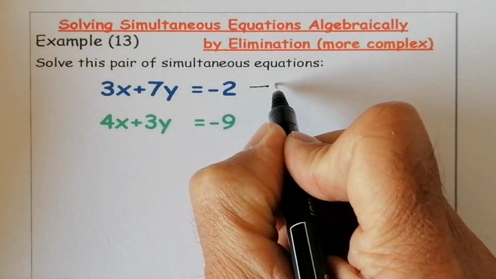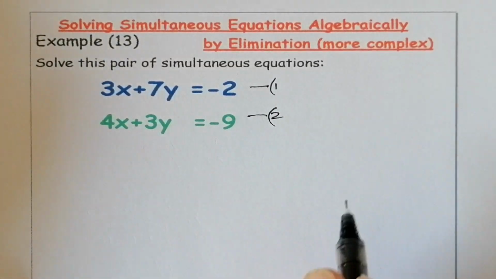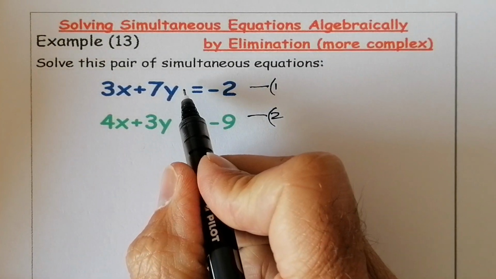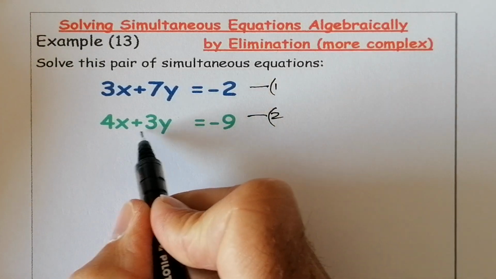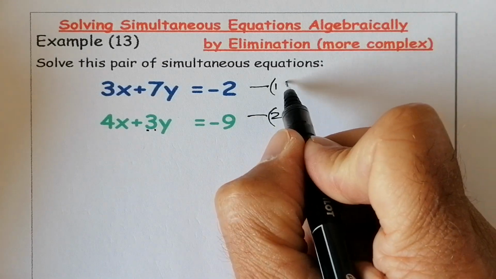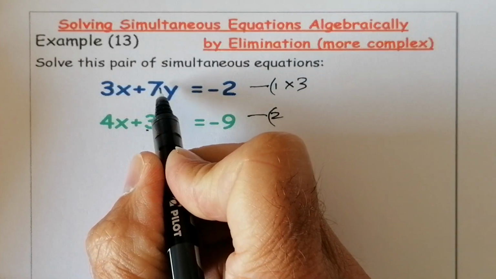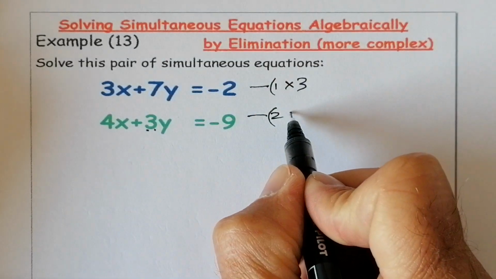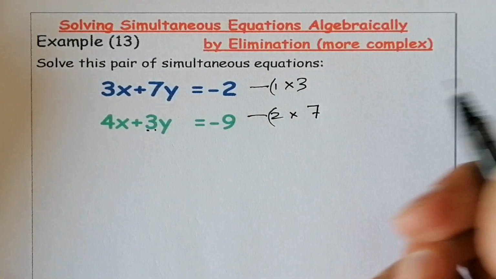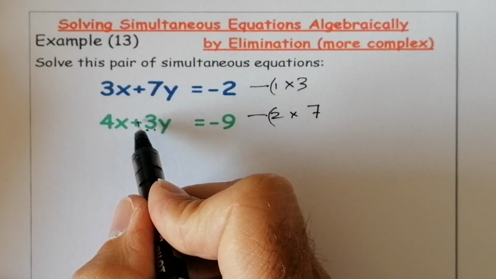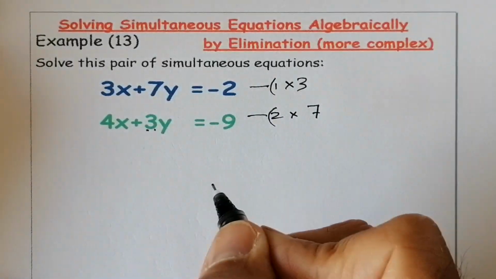Right, so equation number 1, equation number 2. What I can do is multiply equation number 1 by the number that's sitting there, so I'm going to multiply that by 3. And I'm going to multiply equation 2 by the number that's up there, by 7. But remember, one of them has to be multiplied by a negative, so I've got a negative and a positive, so I can add them and eliminate.